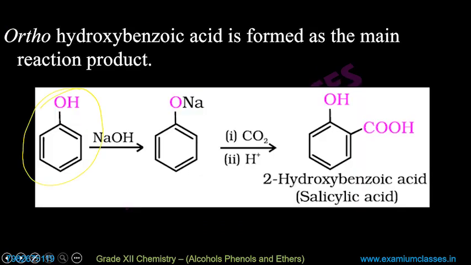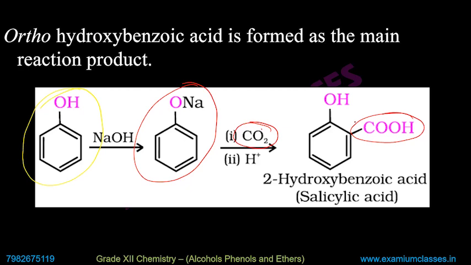Phenol reacts with NaOH, forms phenoxide ion, which is more reactive towards electrophilic substitution, and with even carbon dioxide, it gives us the COOH group along with the OH group. This compound is known as salicylic acid.